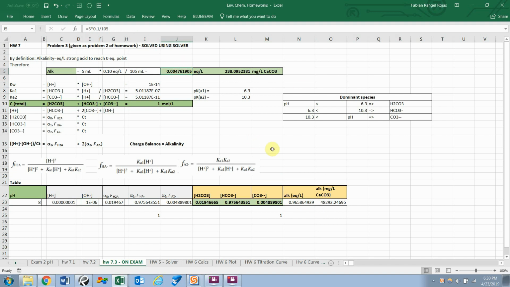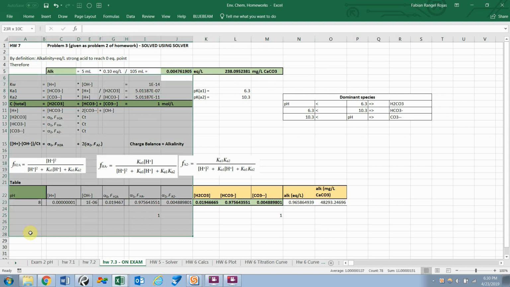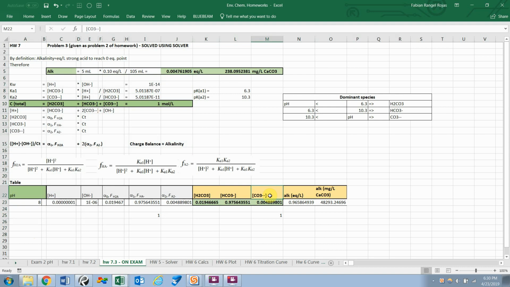If that's true, then I know that all my H2CO3, HCO3 minus, and CO3 values must be correct. So if this cell matches this cell, then all of these cells must be okay, because this cell has nothing to do with any of the below, right?